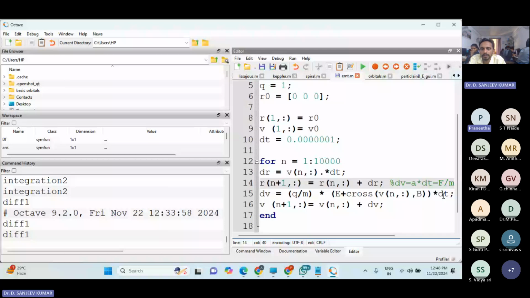So my final velocity is instantaneous velocity plus that additional change in velocity. So the second row is obtained by adding dv to the first row values.